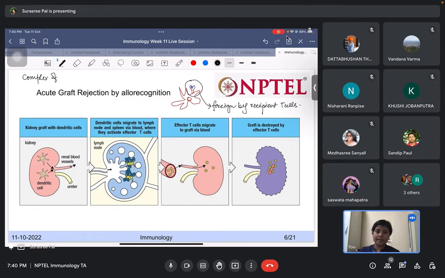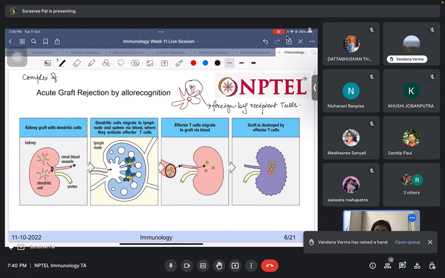So all these T cells now migrate to the graft, and as I mentioned, it is not that only the cells expressing this particular complex of donor MHC and donor peptide will be destroyed.